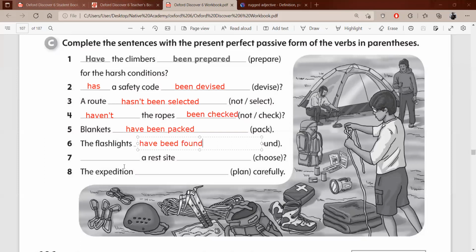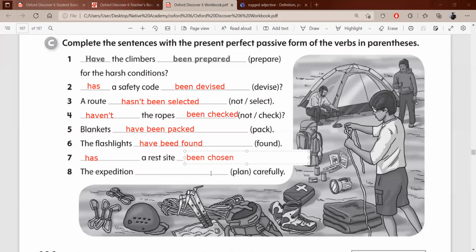Number 7. Has a side been chosen? Has a side been chosen?